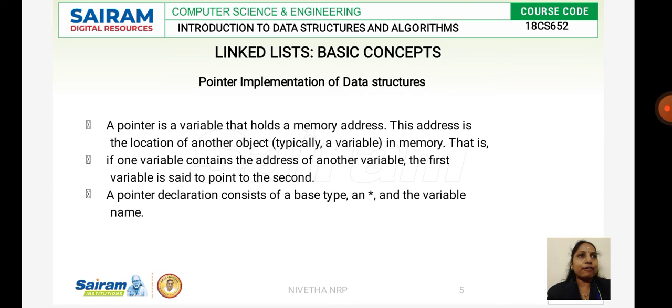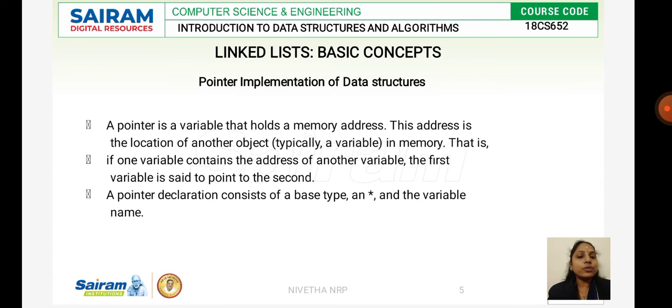For example, if I give int a is equal to 5, and then I declare a star a, the symbol we use for a pointer is the star. What it specifies is where that 5 is stored in the memory. It specifies the location that a is holding, and this references the memory location of that particular element 5.